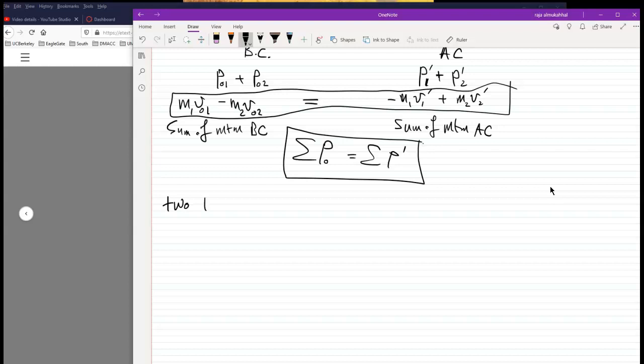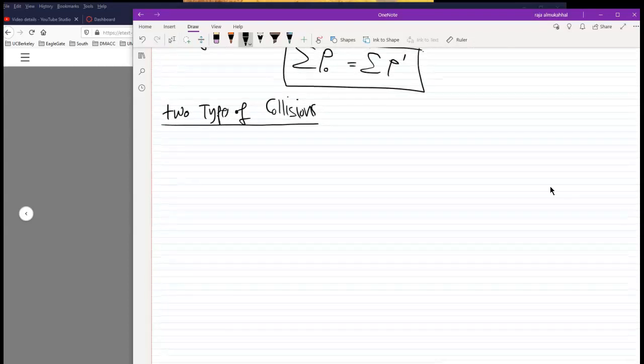Two types of collisions. One is called elastic collision and the other is inelastic collision.